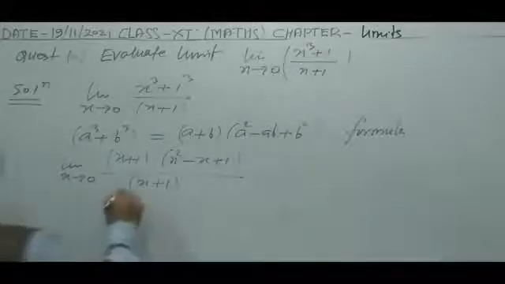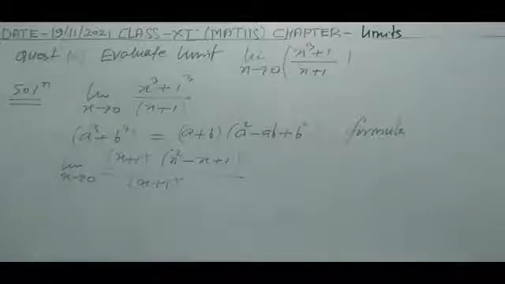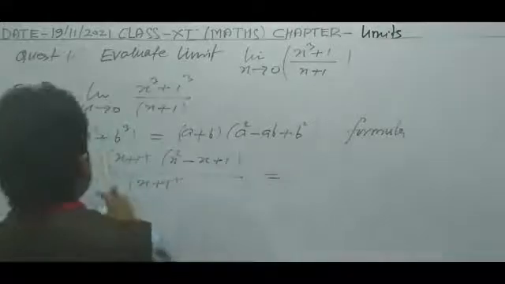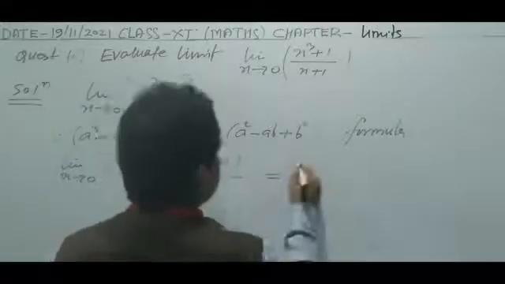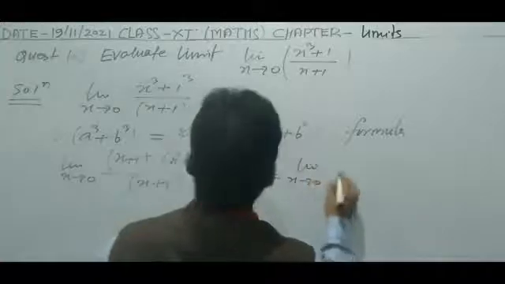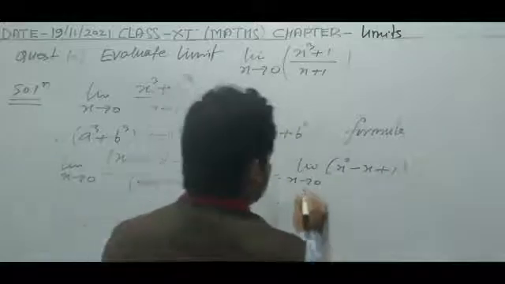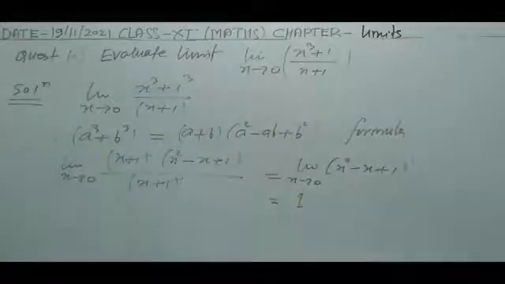Now this x plus 1 will cancel. So when you operate limit, you will get limit x tends to 0, x square minus x plus 1. So the result will be 1. This step is clear?